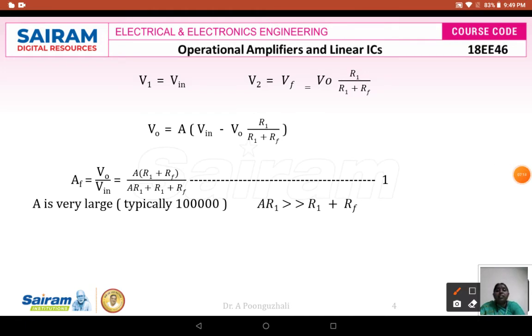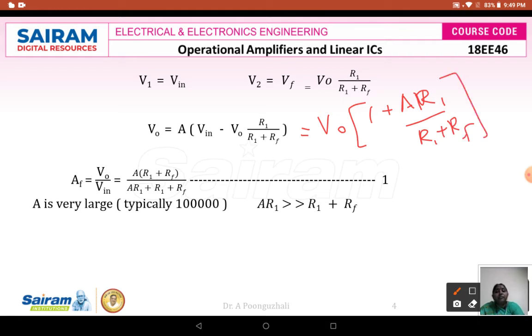Here in this case, if I group it, your V0 is going to be V0 into 1 plus A into R1 divided by R1 plus Rf is equal to A into Vin.